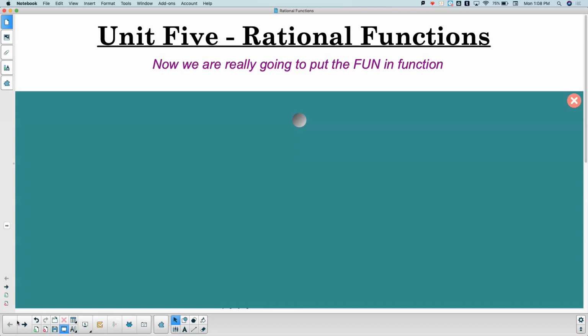So Unit 5 is all about rational functions. Putting the fun in function. I love this stuff. These are awesome because you take this ugly, mean-looking thing and you get a nice, pretty graph out of it. We're going to graph this unit.